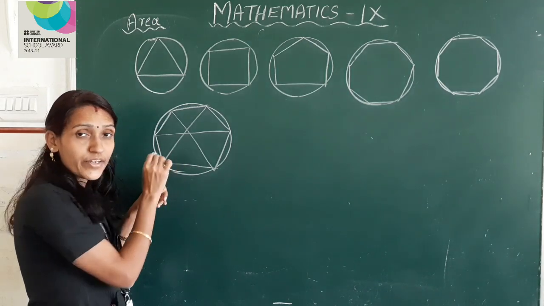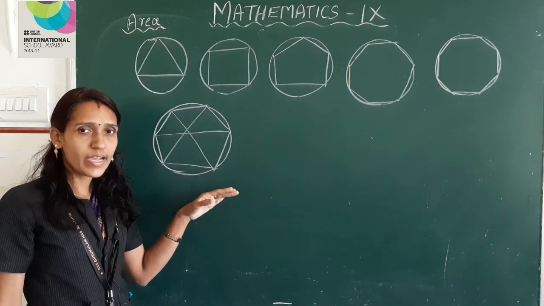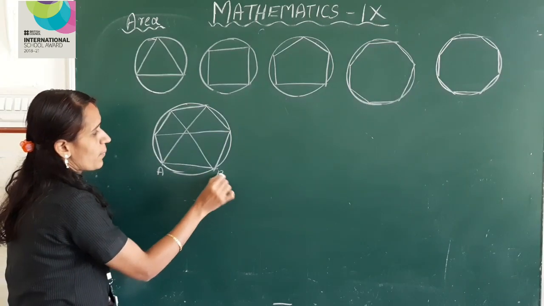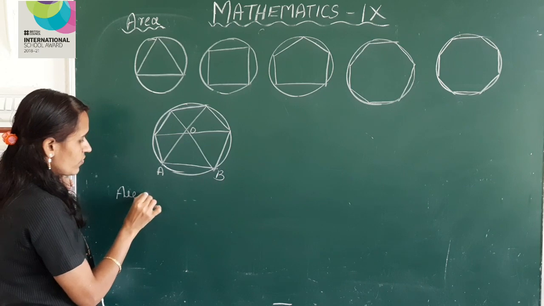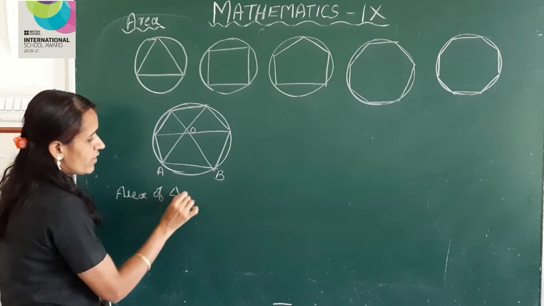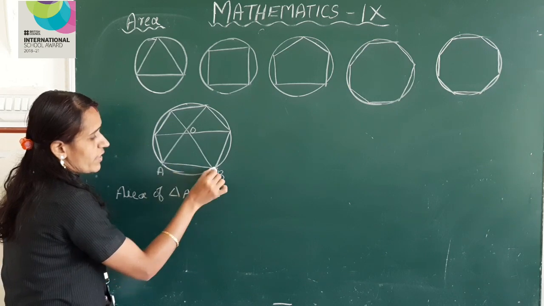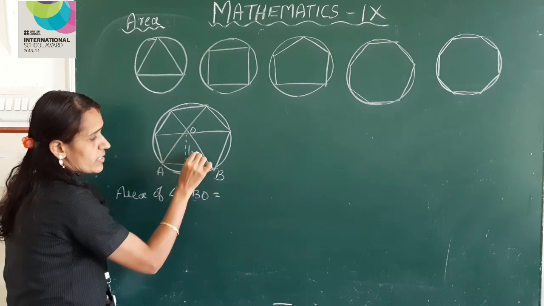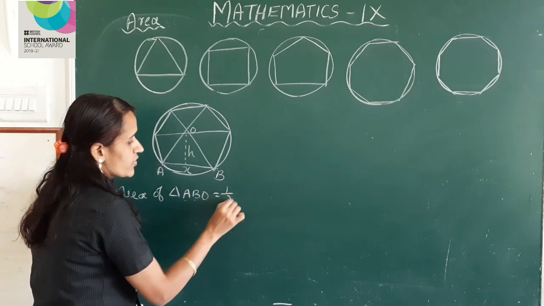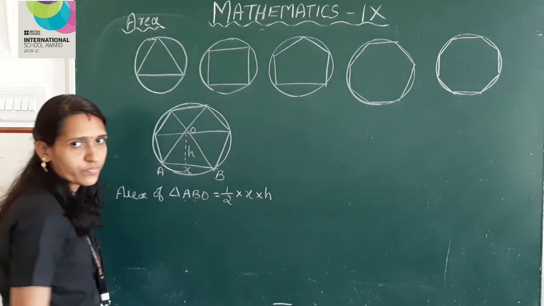We know that the area of a triangle is equal to half into base into height. Mark it as A, B, O. Area of triangle ABO is equal to, here AB is taken as x, height is taken as h, half into base, that is x into h.